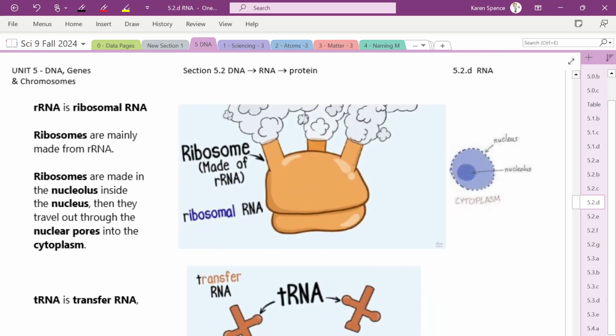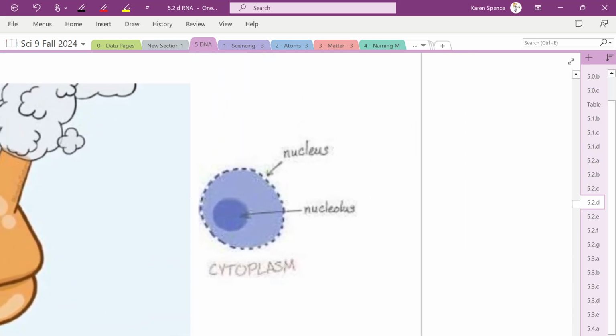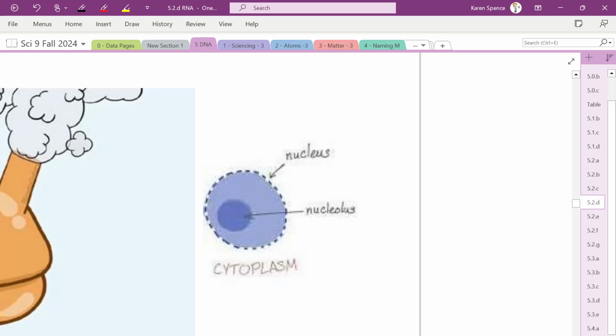Oh, you know what? Most of you forgot on your test. What is this thing here? This is the nucleolus, and it is what happens in the nucleolus. It makes the ribosomes.